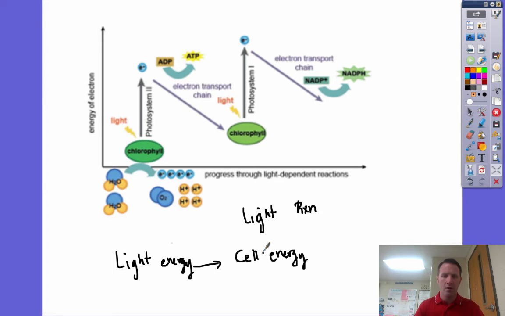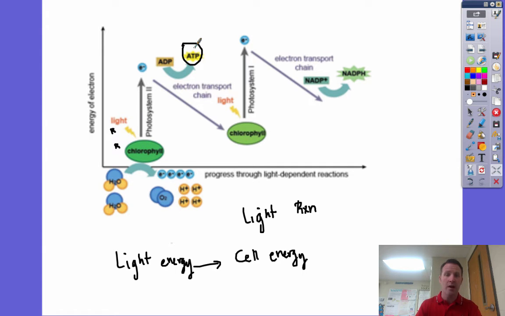Okay, this was the whole oil and gasoline discussion. So light has got to hit chlorophyll, which would be two of my reactants, light and chlorophyll. It's going to get excited, go through that electron transport chain that we spoke of earlier, and it's going to get converted into the first piece of cell energy, which is ATP.